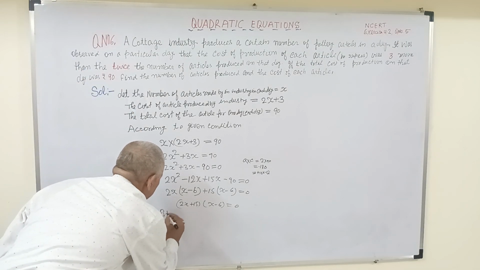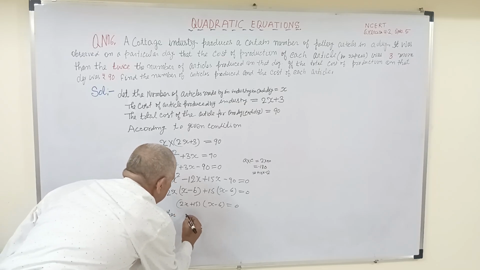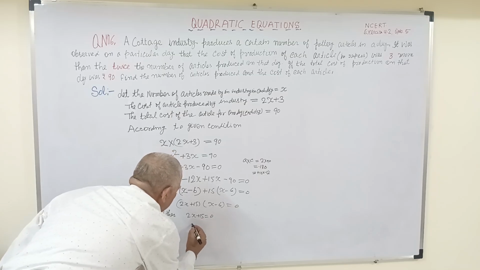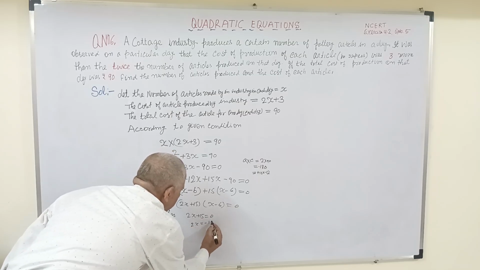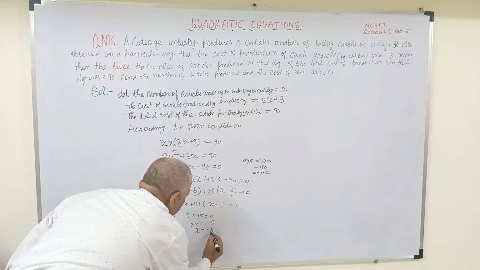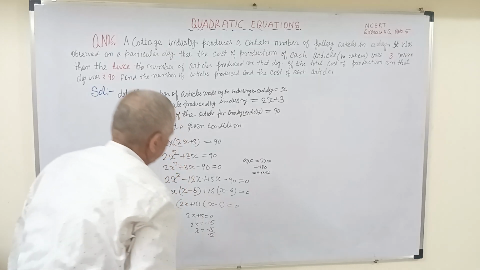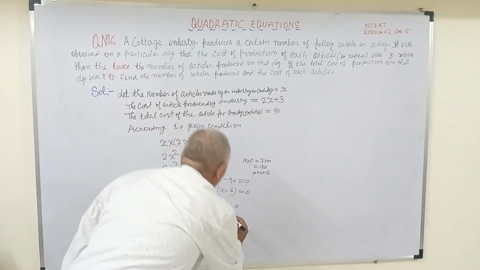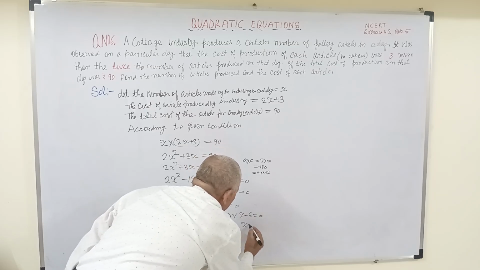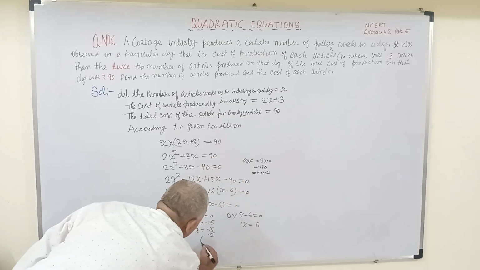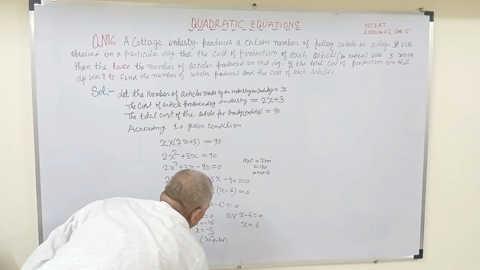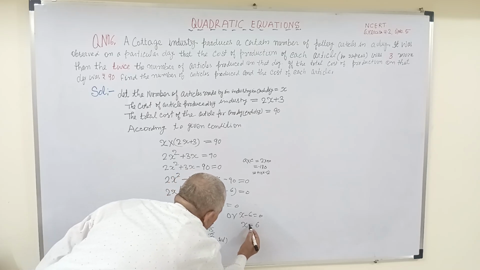Either 2x plus 15 equals to 0, or 2x equals to minus 15, therefore x equals to minus 15 by 2, or x minus 6 equals to 0, or x equals to 6. Now this will be rejected. So our answer will be 6.